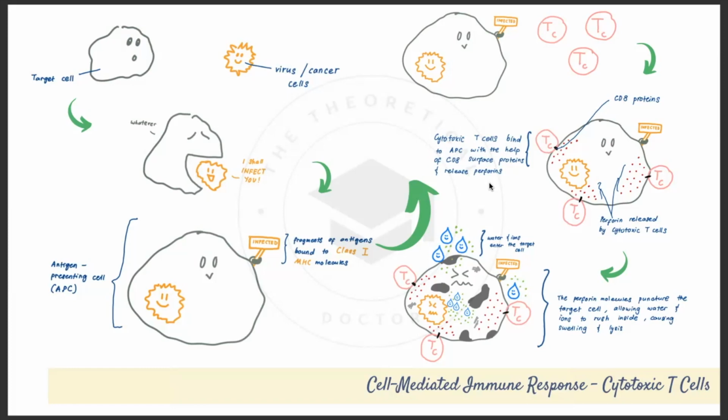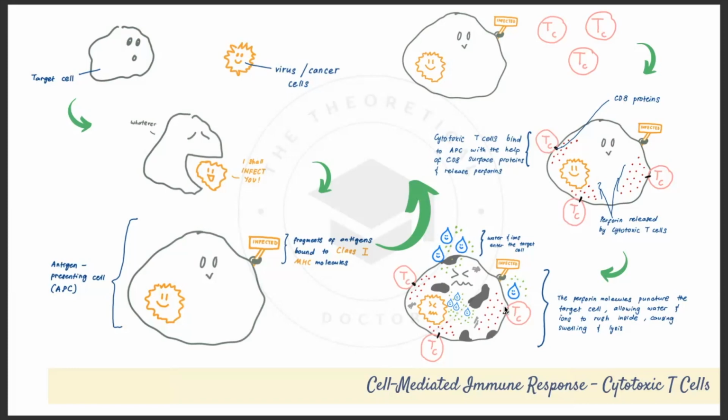Here, cytotoxic T cells will release perforins. So these perforin molecules will puncture the target cells. And when they puncture, like you see, they create holes over here. Water and ions rush inside, and this will cause the cell to swell, and finally lysis will occur, cell death will occur.